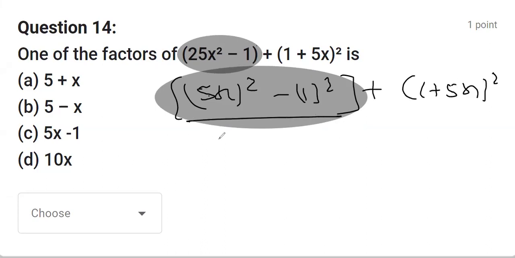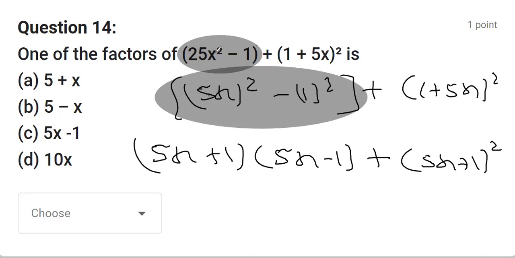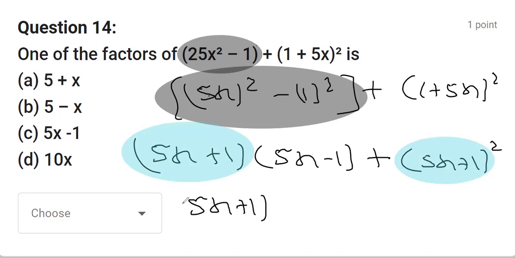Now I can split this by applying the identity, second identity, a plus b into a minus b. So it's 5x plus 1 and 5x minus 1, plus 1 plus 5x is the same as 5x plus 1. So I can change the order, square. Now I can see that we have some common factor here. And what is common? That is 5x plus 1 is common. So I can take this expression, 5x plus 1, as a common factor.